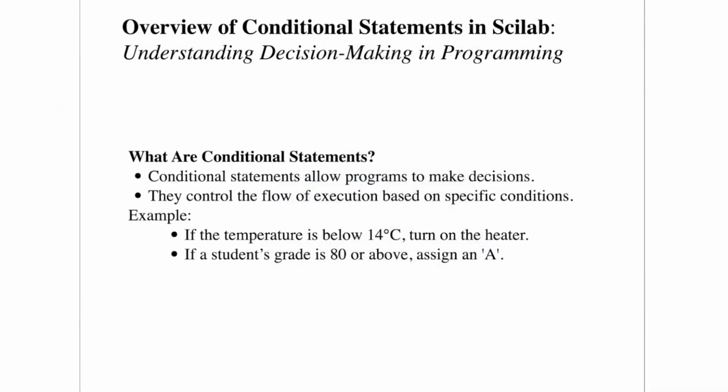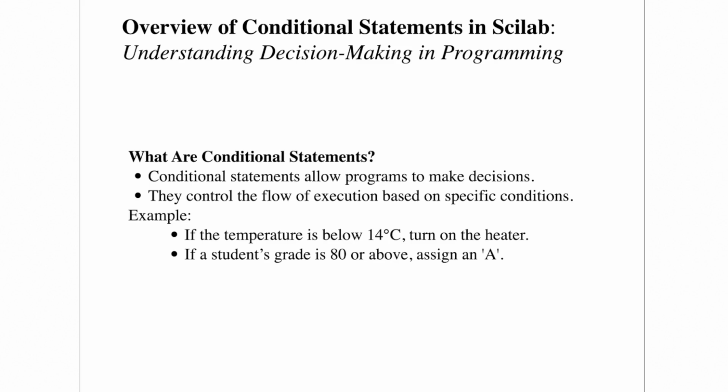So what are conditional statements? Conditional statements allow us to make decisions in code, making programs more dynamic and interactive. Conditional statements are used in programming to control the flow of execution based on conditions. This allows programs to behave differently under different circumstances. For example, a thermostat turns on the heater if the temperature falls below a certain point.